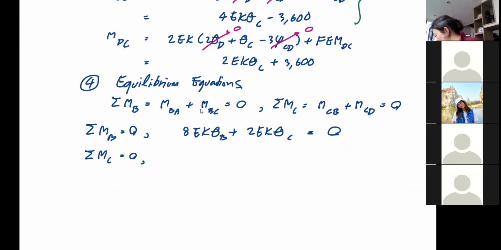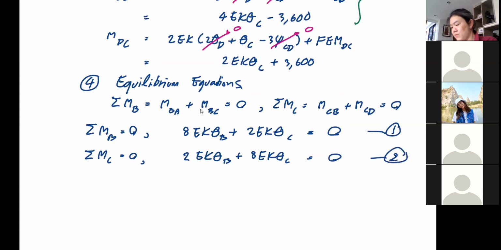So now we have 2EK theta B plus 8EK theta C equal to 0. So that becomes equation number 1, and that becomes equation number 2.